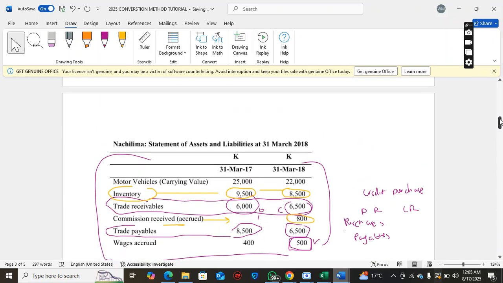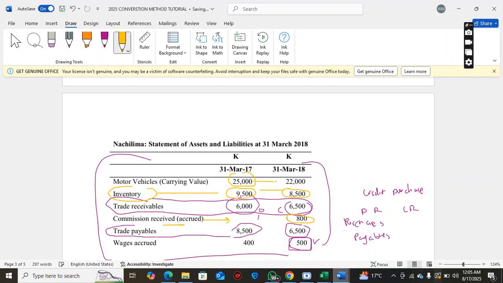Yes, there's one more expense which is called depreciation. Where can we get our depreciation amount from? What is the definition of depreciation? Loss in the value of an asset. And here, have you seen that the motor vehicles is 25,000.